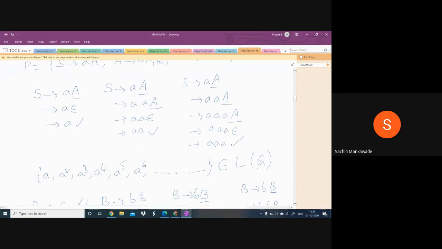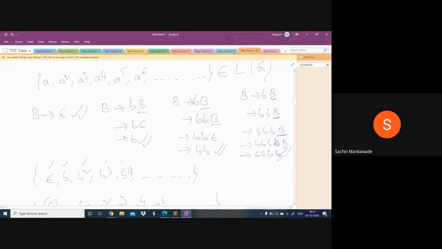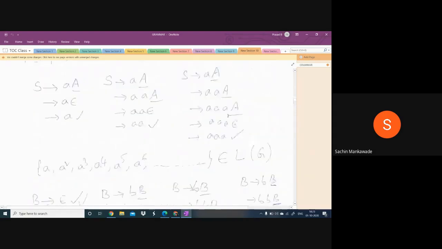Next, epsilon is a terminal string, B is a terminal string, B square is a terminal string, B cube is a terminal string, and all these B power 4, B power 5, all these are terminal strings. Now, is this epsilon derived from S? Is this B derived from the start symbol? Is this B square derived from the start symbol? Is this B cube derived from the start symbol? What is L of G?